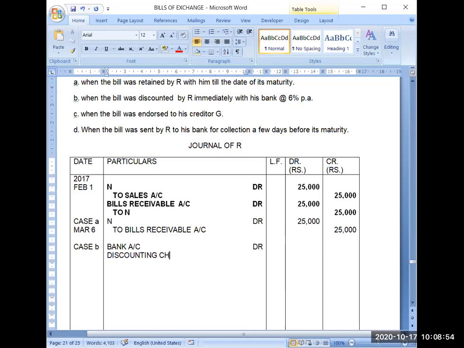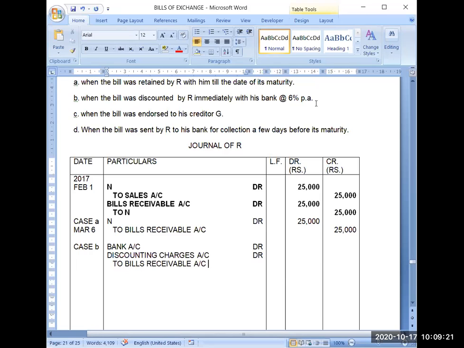Discounting charges account debit to bills receivable account. Now that bill will be given to the bank for getting the payment on due date.